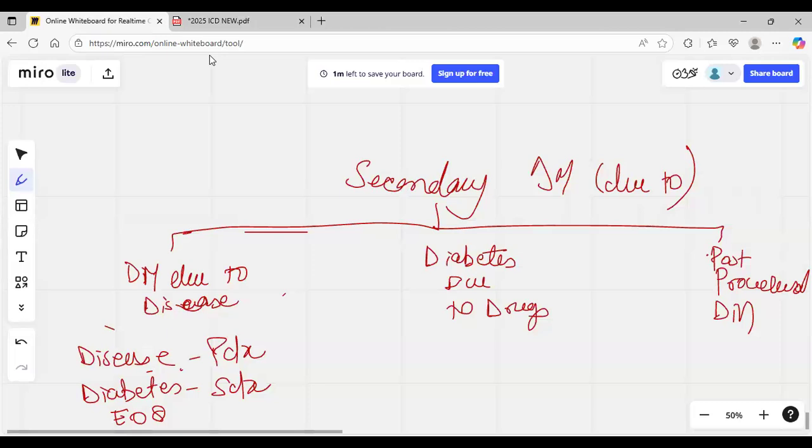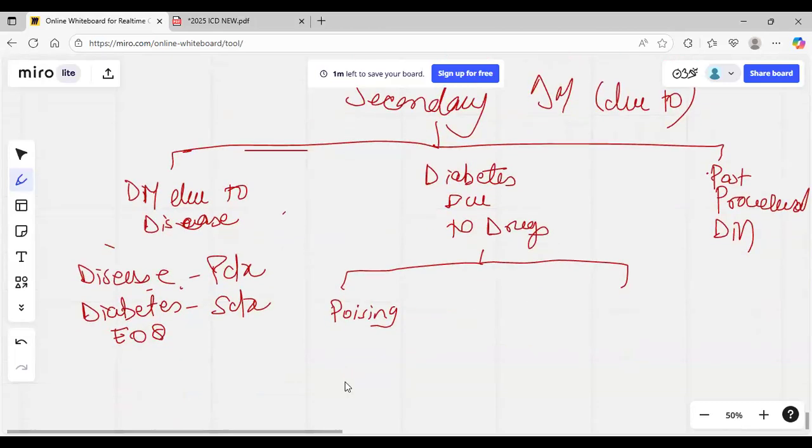Next, we have diabetes due to drugs. Whenever a patient has diabetes due to a drug, our code series are divided based on two types of effects. If the patient has diabetes due to poisoning, in that case, you have to code poisoning at the primary position.